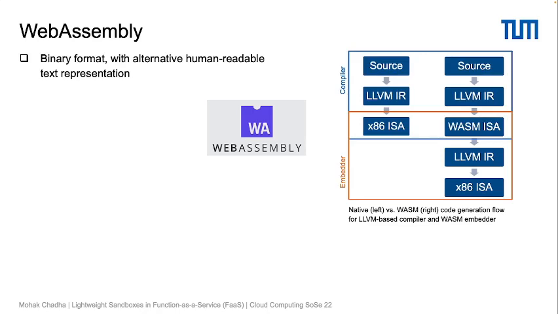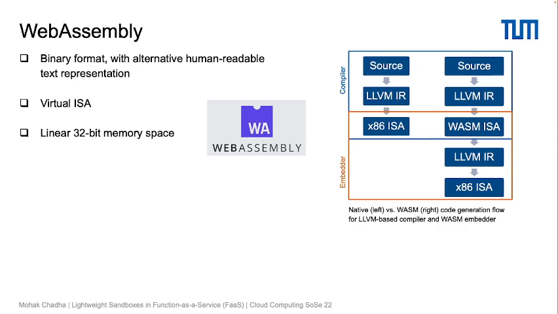And they have a human readable representation called WAT, which is the WebAssembly text format, right? So it defines a virtual instruction set architecture, with a set of instructions through which you can write WebAssembly, and it has a 32-bit memory space.